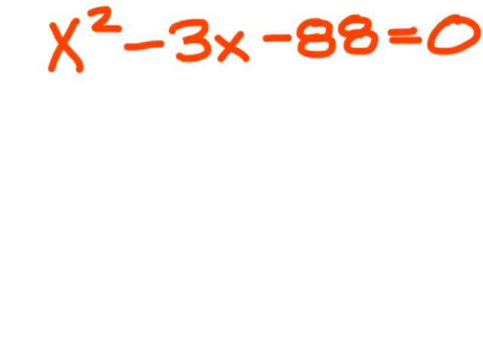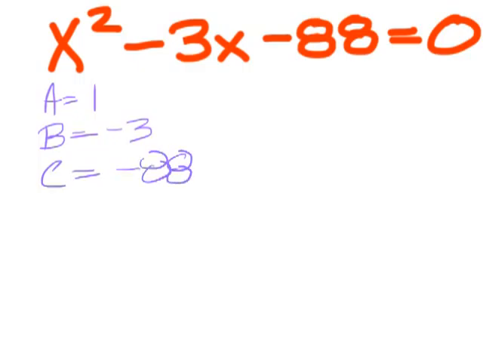And here you go. I need the value for A. Values for A, 1, B, -3, and C is -88. Next up, what we need is the final value that shows up in this spot after you simplify.